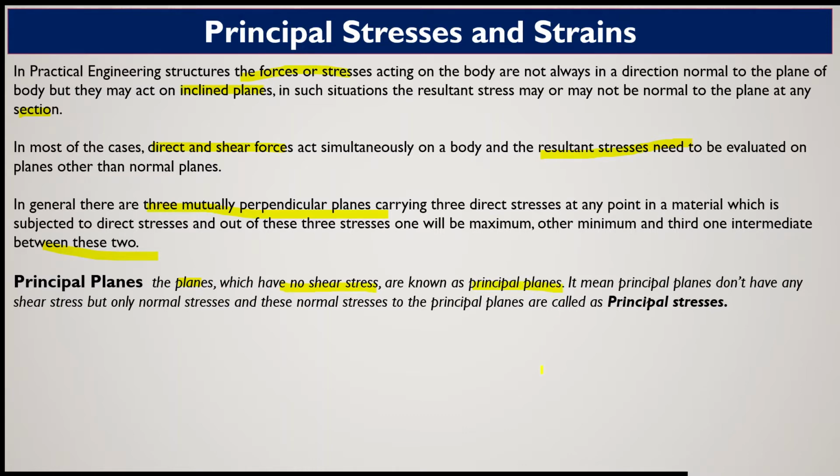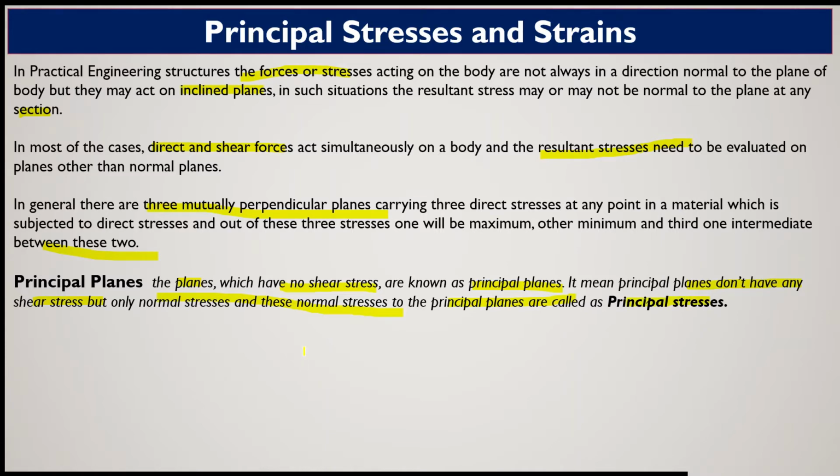The direct stresses can act on them, but if there is no shear stress, then we will say that those planes are principal planes. It means a principal plane doesn't have any shear stress, only normal stresses, and these normal stresses on these planes are called principal stresses.